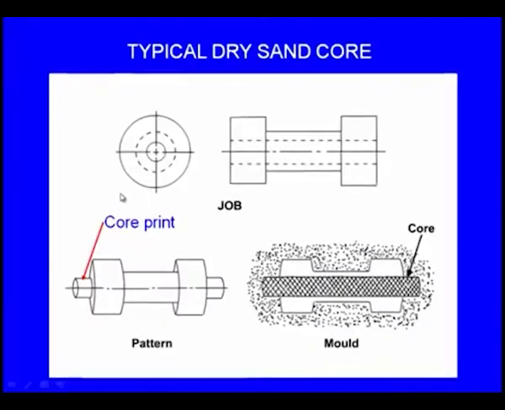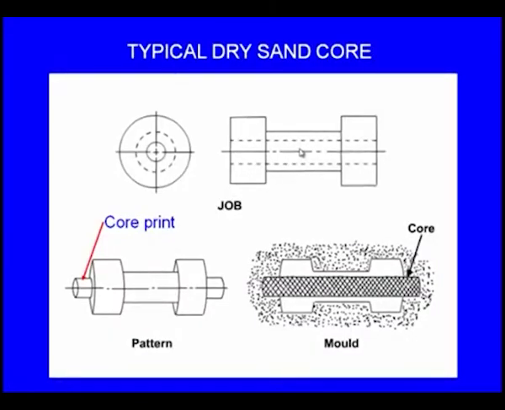And here we can see this is a typical dry sand core. Now, this is the casting we want, right. This casting internally has an axial hole, and the diameter is this much. So, this is the casting we want. Naturally, one can think that even the pattern will be of similar geometry, but here it is not so.